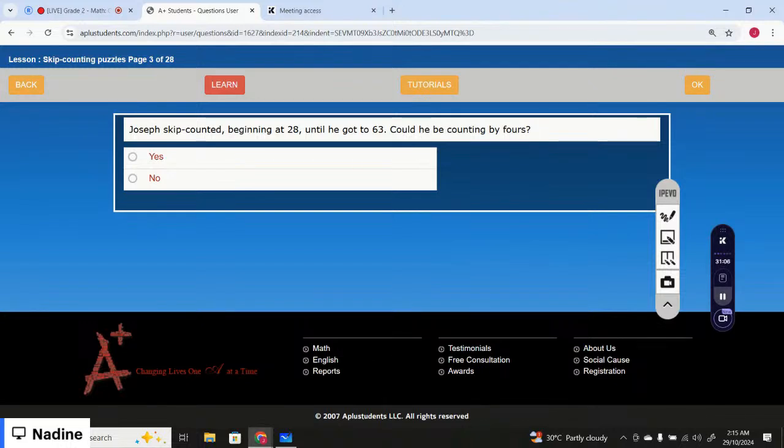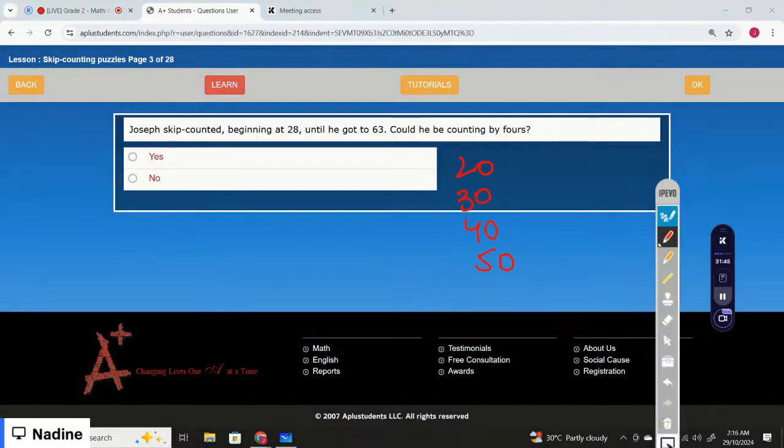Joseph skip counted beginning at 28 until he got to 63. Could he be counting by fours? So let's start with 28 and skip count by fours.